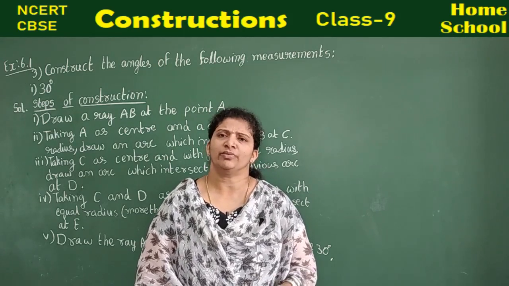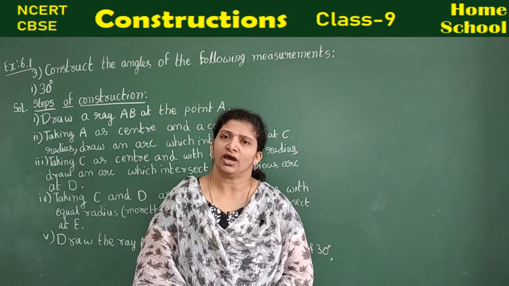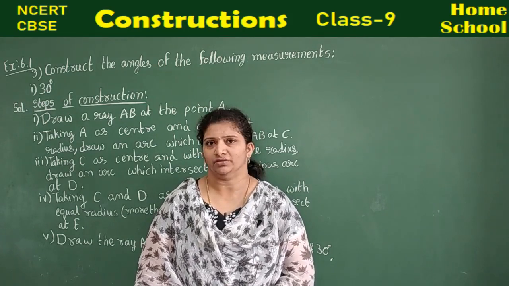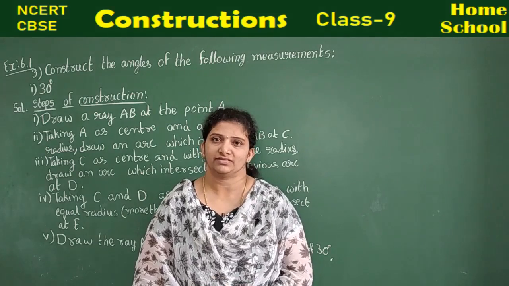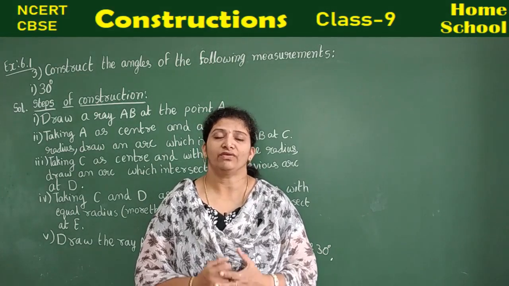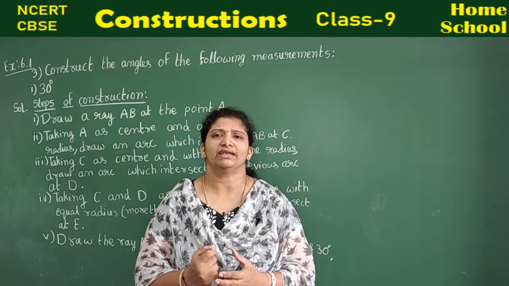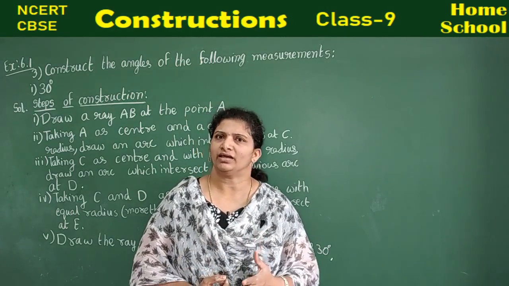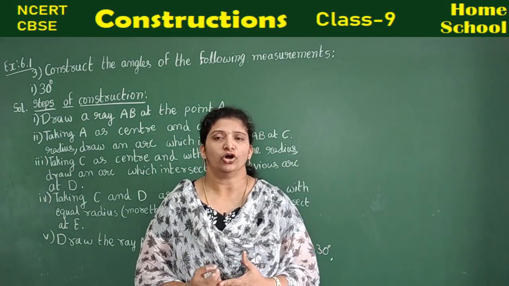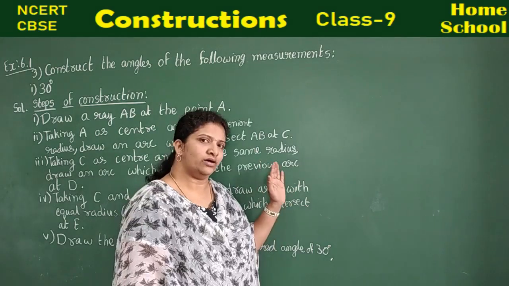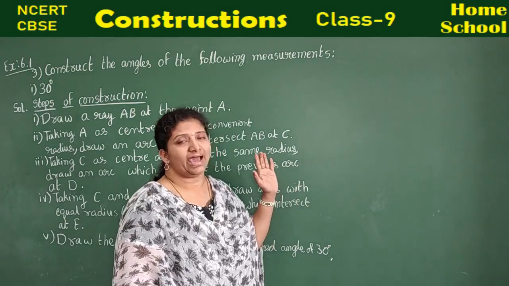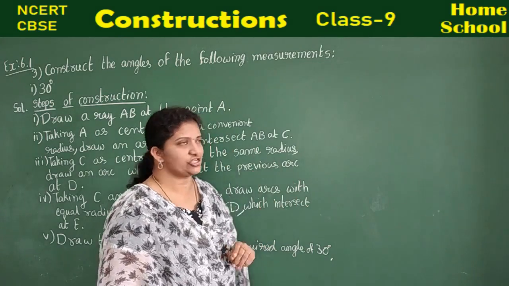In your exam there is no need of any rough figure. Rough figure is only for ourselves. Why? If we get a rough figure, then you get a good idea of your original picture, what you are going to construct. Let's do the rough figure for angle 30 degree construction.